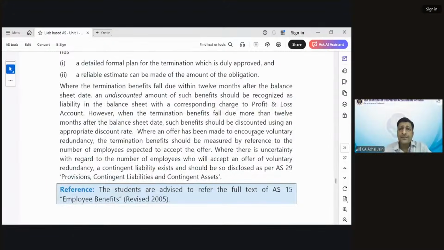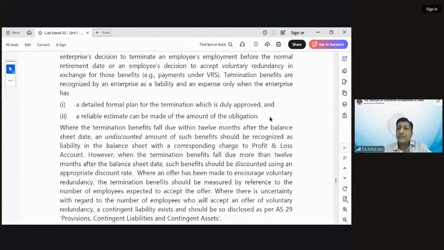The standard says termination benefits are recognized by an enterprise as a liability and an expense only when the entity has a detailed formal plan for termination. Now, what is the meaning of a detailed formal plan? Let's suppose in the given example, the entity is planning to shut down plant 1.